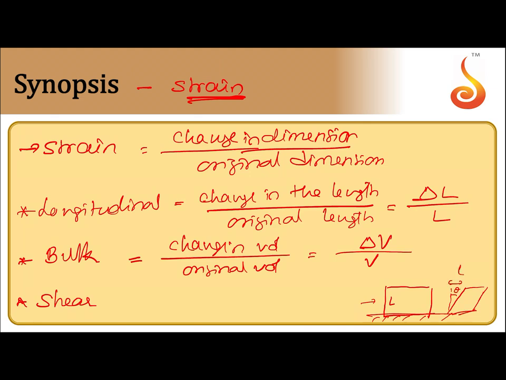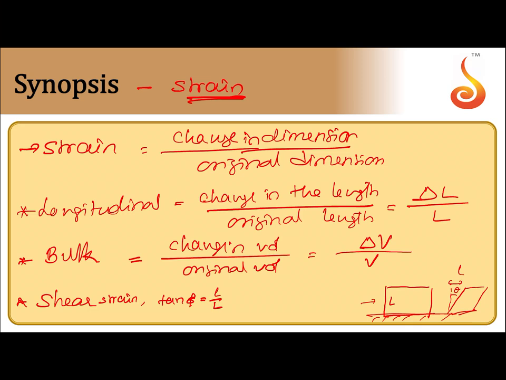Then the shear strain is given by tan phi is equal to x divided by L. So this is basically the displacement of the upper face of the cube divided by the distance between the two faces.